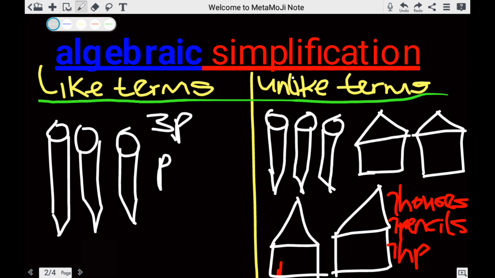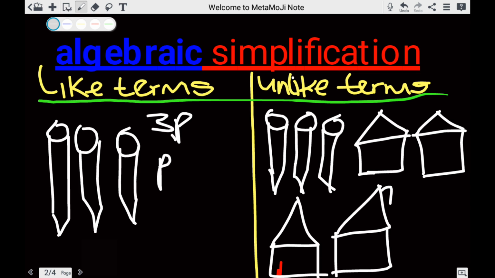We can say 3 pencils and 4 houses. Sorry, I made a mistake here, so I'm going to clean it.